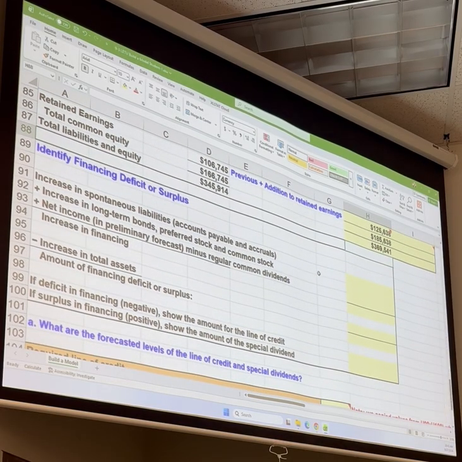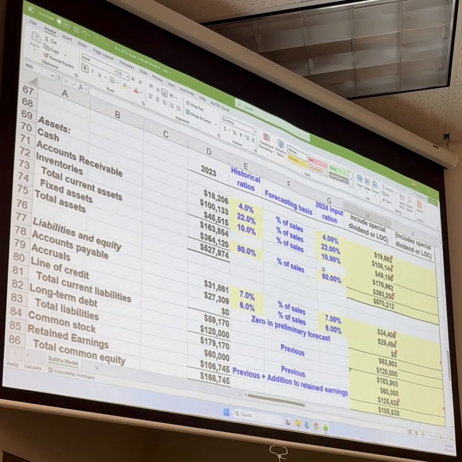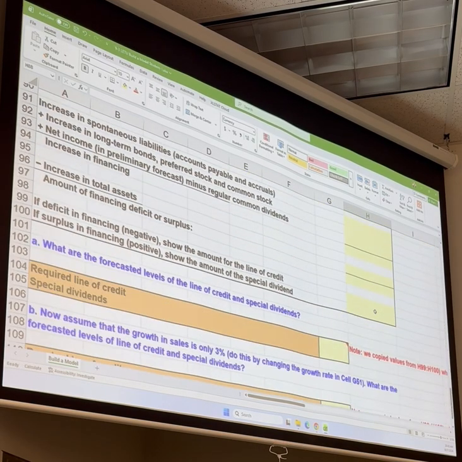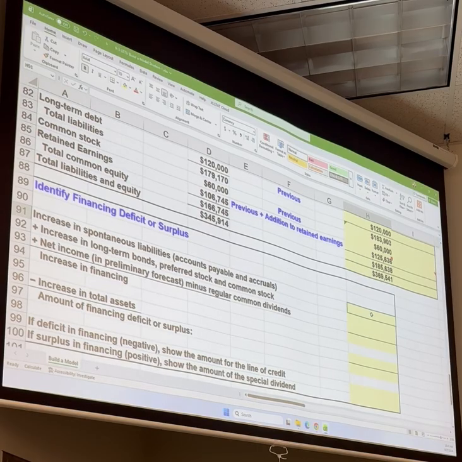All right, so our increase in spontaneous liabilities, accounts payable and accruals. Where do we get that? Well, our accounts payable went from 31,861 to 34,409. Our accruals went from 27 up to 29. So we're just going to put that in here.